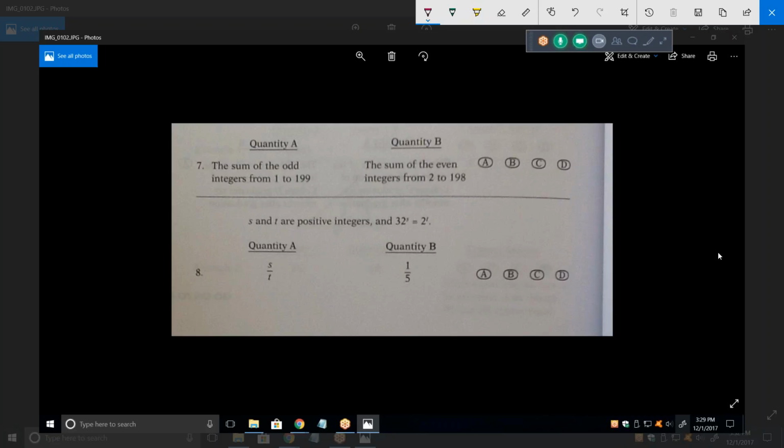We did 8 also. 8's actually relatively easy. First of all, I can solve that by doing what? What's my next step when I look at that?